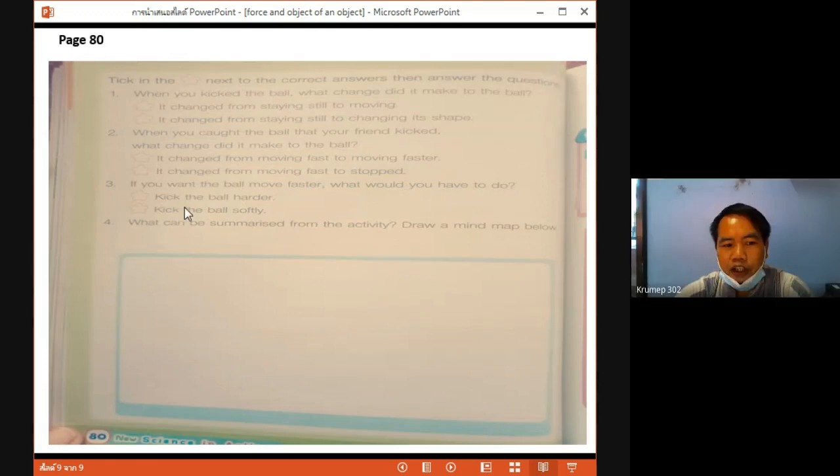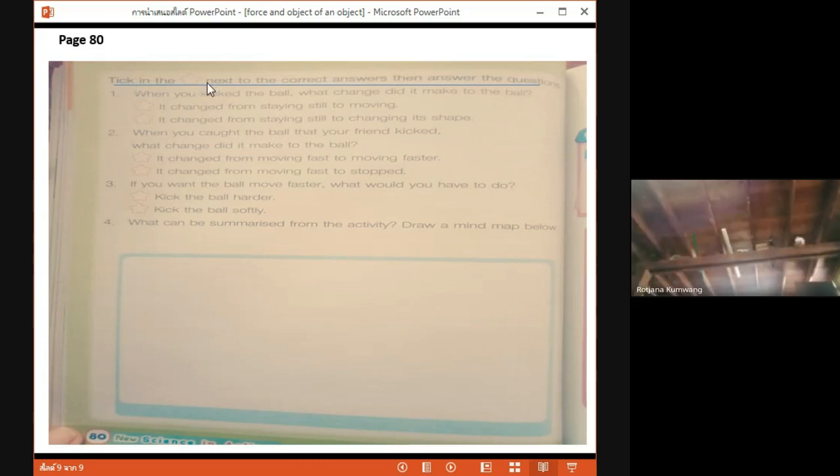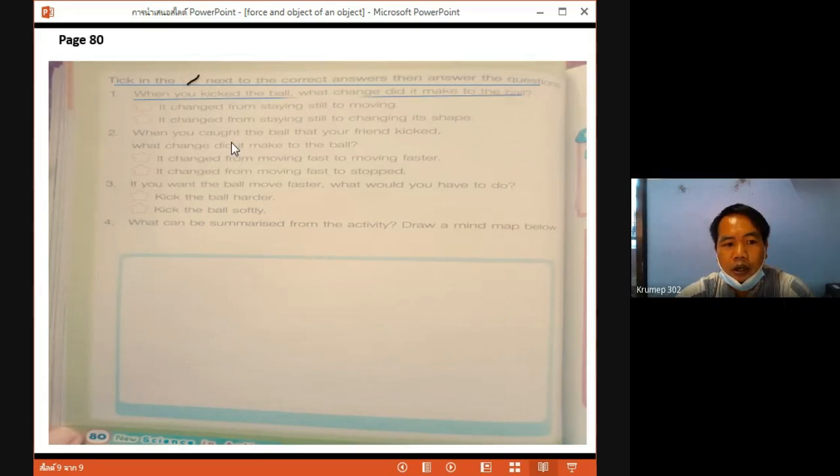On page 80, I would like you to do this one. Tick the star next to the correct answer, then answer the question. Number one question is, when you kick the ball, what change did it make to the ball? First, it changed from staying still to moving.